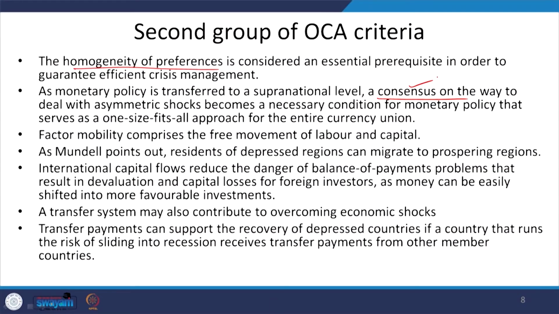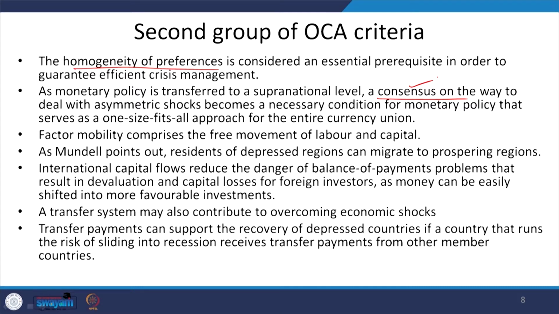As monetary policy is transferred to a supranational level, a consensus on the way to deal with asymmetric shocks becomes a necessary condition for a monetary policy that serves as a one size fits all approach for the entire union. Most importantly, consensus is important to deal with the shocks.